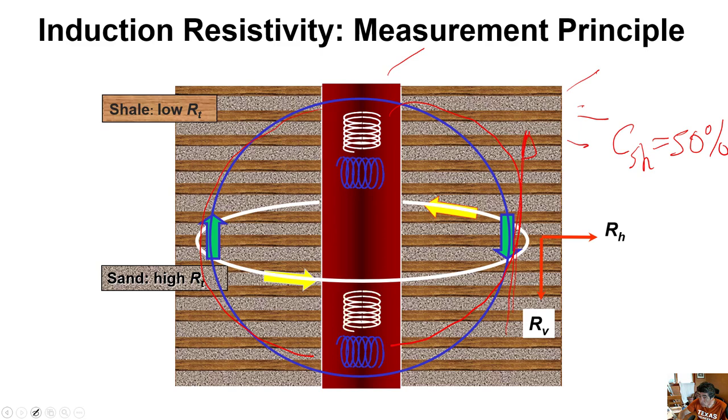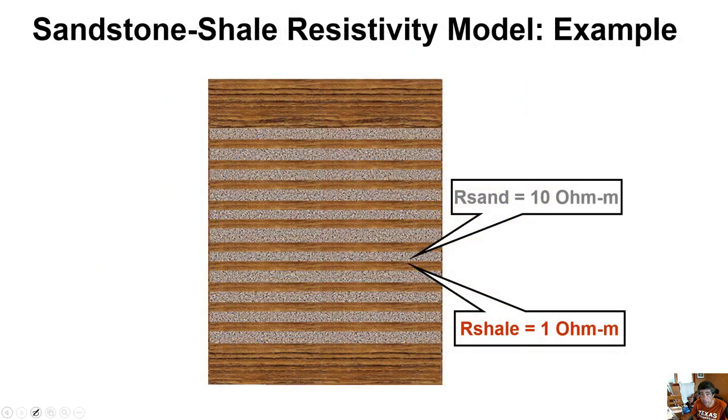Does it remind you of a circuit in series? That's what it is. Whereas the measurement that is parallel to bedding plane becomes analogous to a circuit in parallel. Let me explain that. Okay, so here's an example.